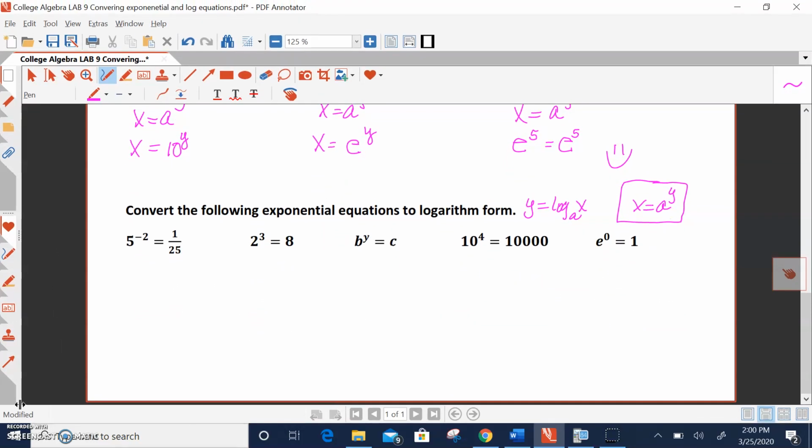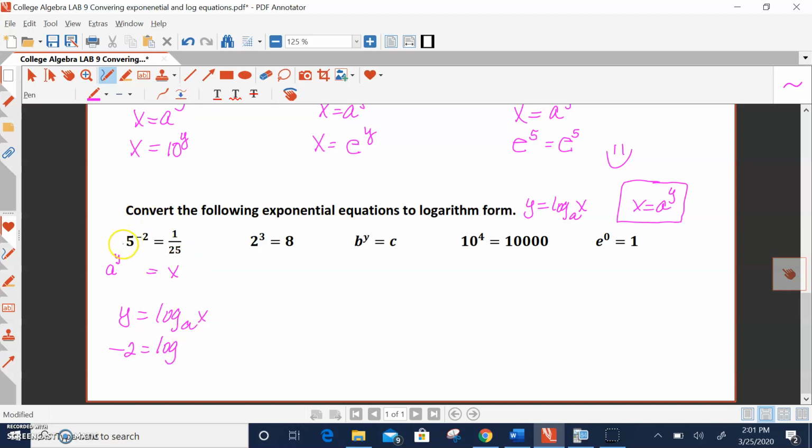Okay, so I've got things in exponent form. So this is in the form of x equal a to the y. Let's change those around and write this as y equal log base a of x. So the y is in the -2 position, so I'll have -2 equal log base.